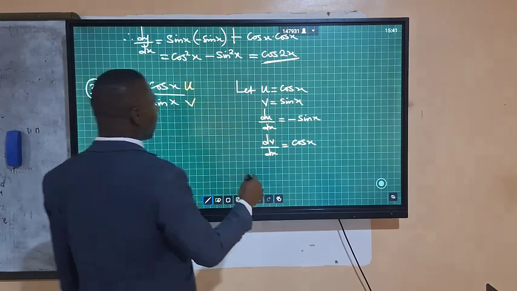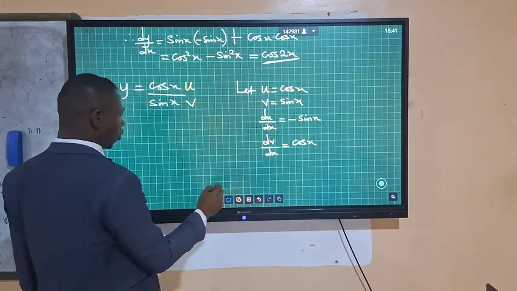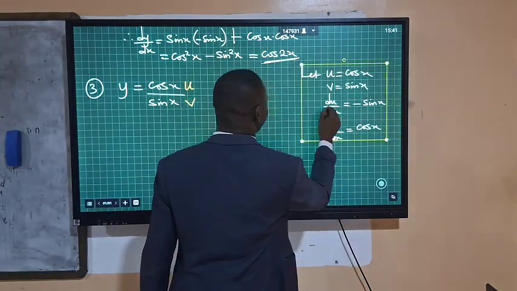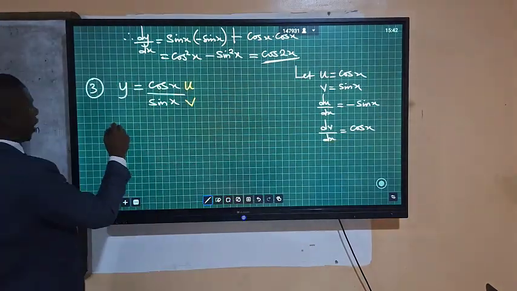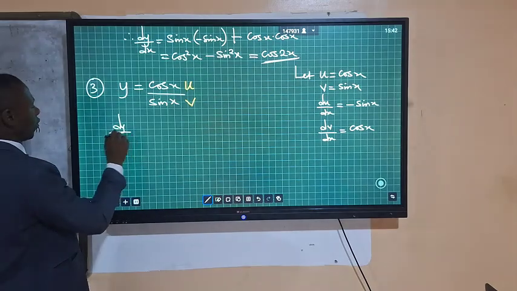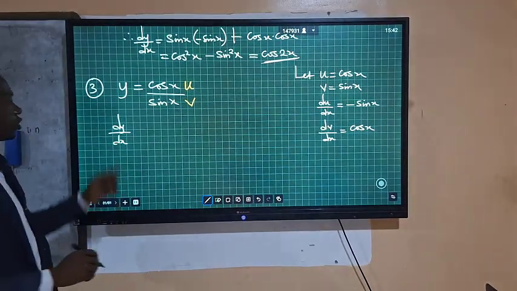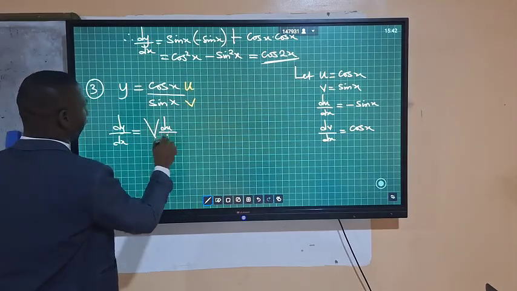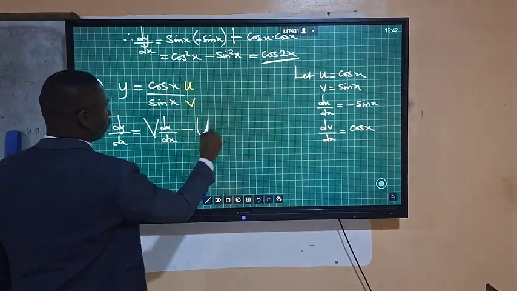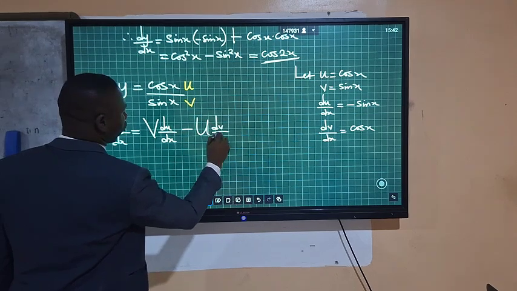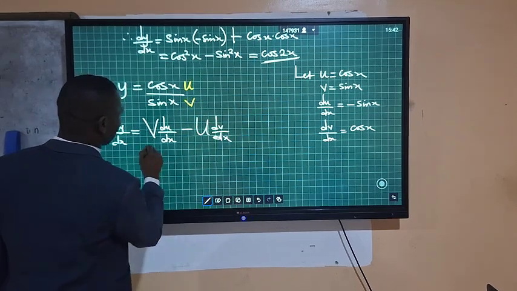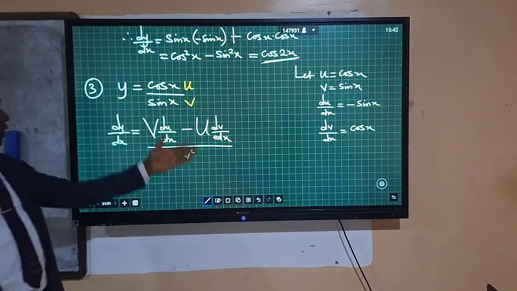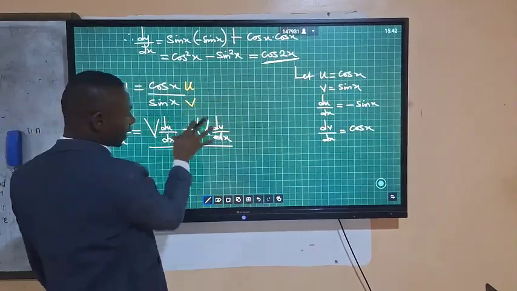So by so doing, we say that our dy over dx, that's the formula for quotient rule, is nothing but v du over dx minus u dv over dx all over v squared. So you're going to fix all these parameters inside this formula. You are done.